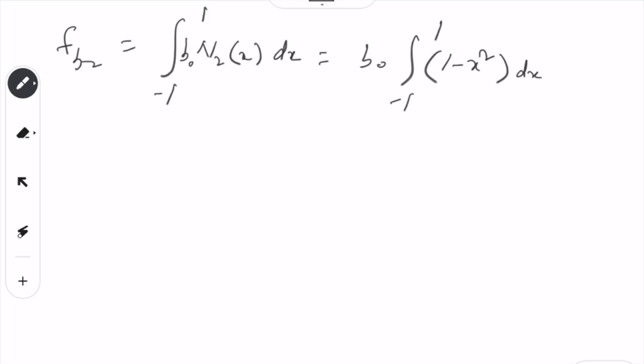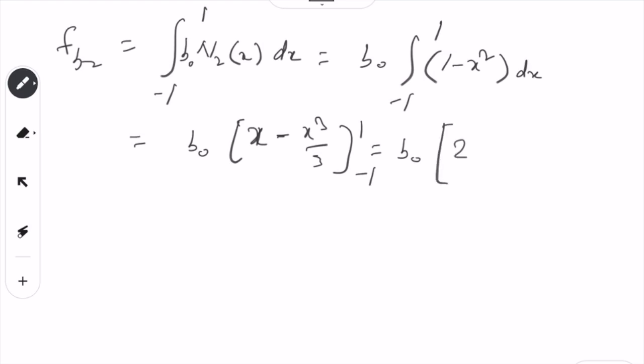So we have B naught times x minus x cube over 3, from minus 1 to 1, which will be equal to B naught times 2 minus 2 over 3.